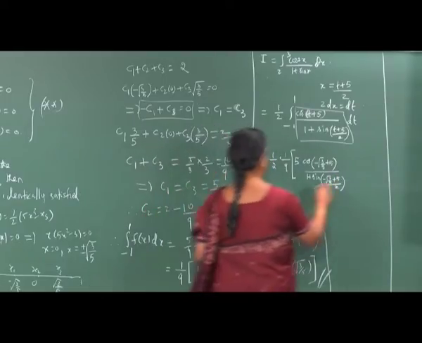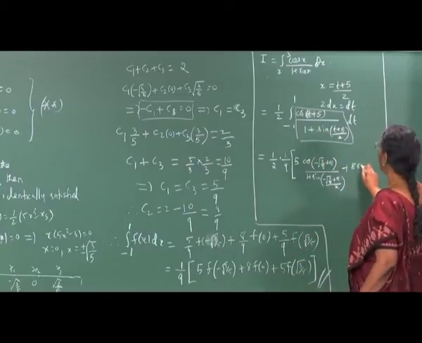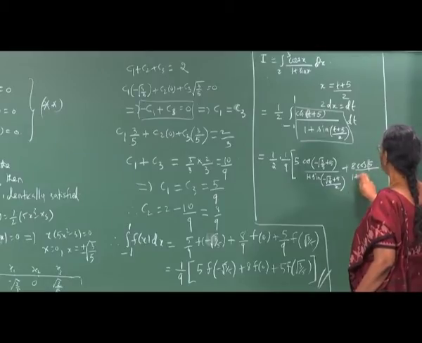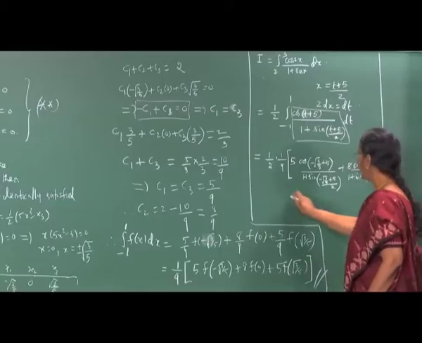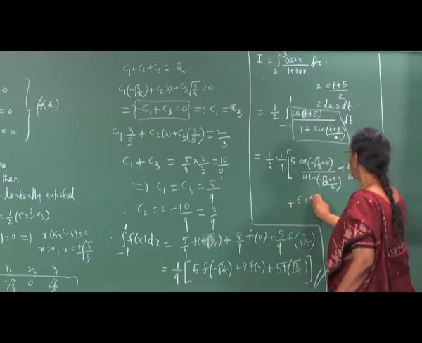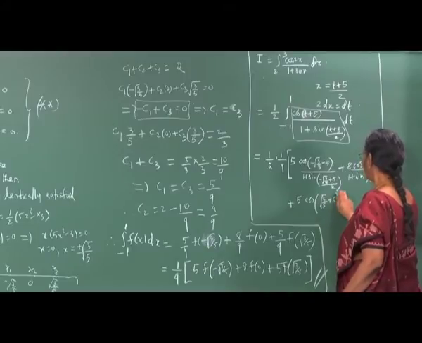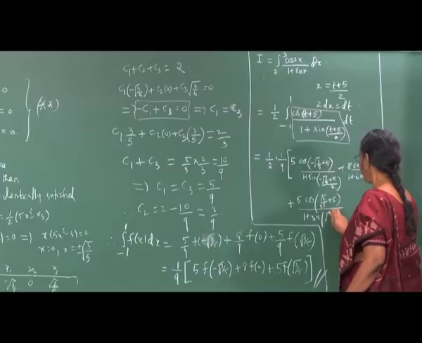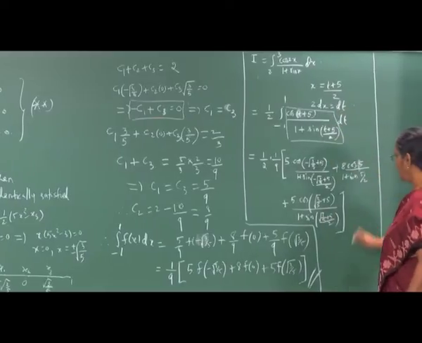And then I have plus 8 times f at 0. So, cos of (0 plus 5) divided by 1 plus sine (0 plus 5) by 2. And then the next term, 5 cos of (root of 3 by 5 plus 5) divided by 1 plus sine of (root of 3 by 5 plus 5) by 2. So, this gives you the value of the integral.